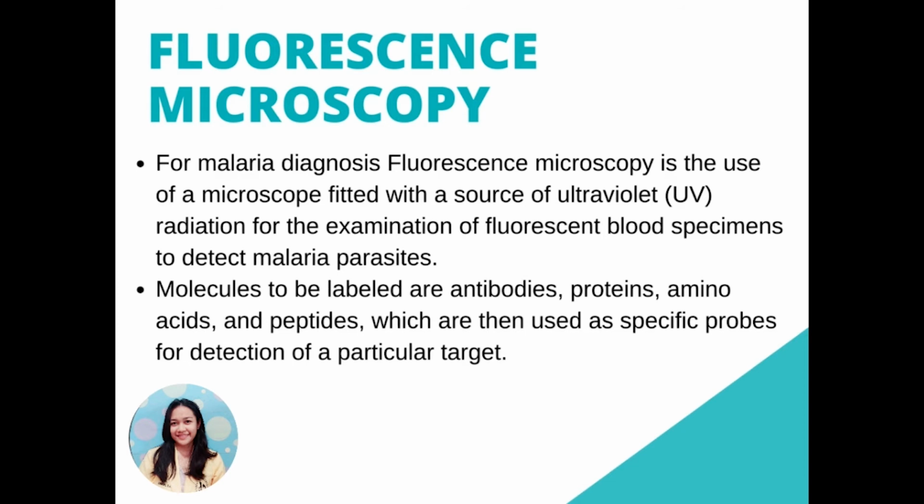Fluorescence microscopy for malarial diagnosis is the use of a microscope fitted with a source of ultraviolet radiation to aid in the examination of fluorescent blood specimens to detect malaria parasites. It involves fluorescent labeling, which is a process of covalently attaching a fluorophore to a target molecule, generally done by using a reactive derivative of the fluorophore that selectively binds to a functional group contained in the target molecule.